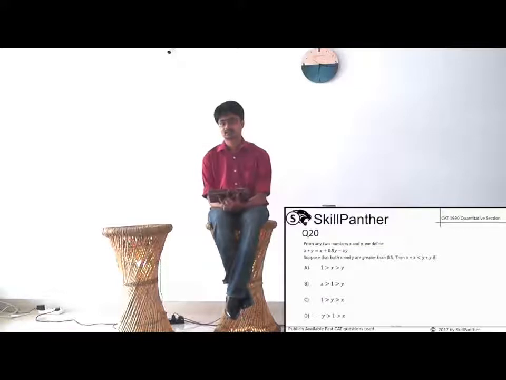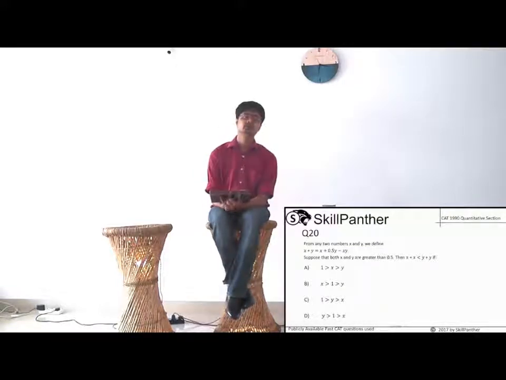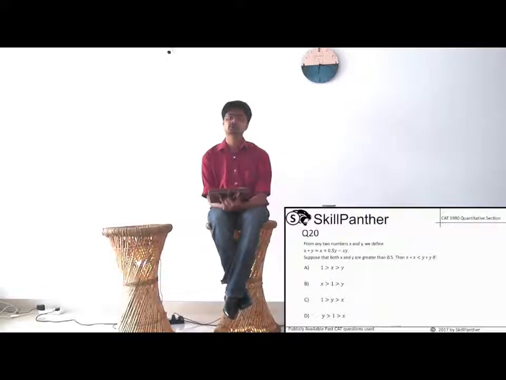We can see that, and till before the sign change, the value keeps decreasing. It's 0.5 at 1. If we increase slightly above 1, let's say we take 1.1, 1.5 into 1.1 is 1.65, minus 1.1 whole square, which is 1.21.